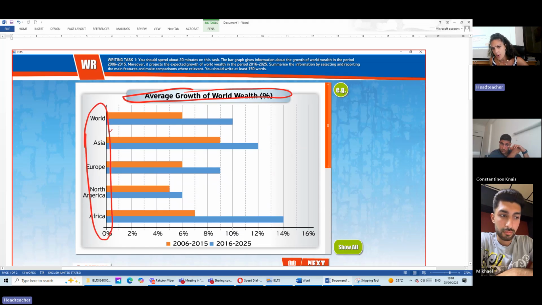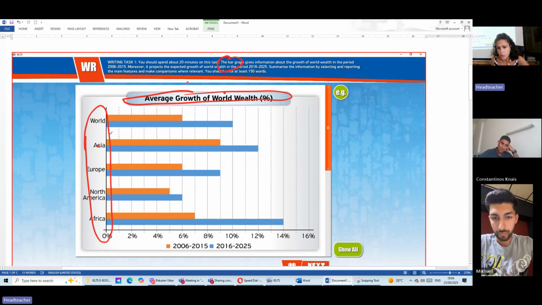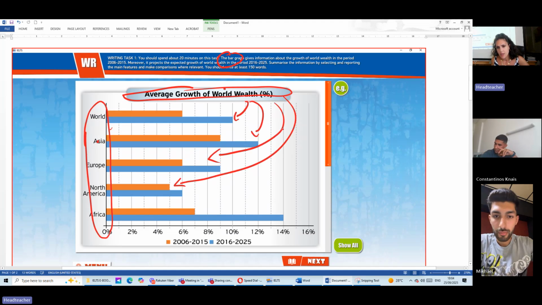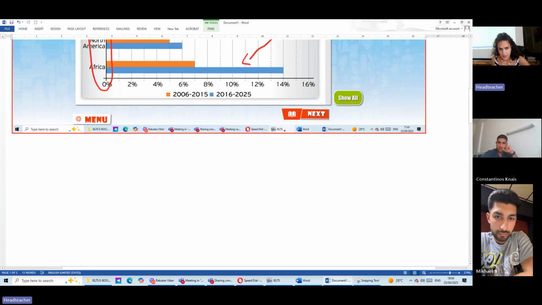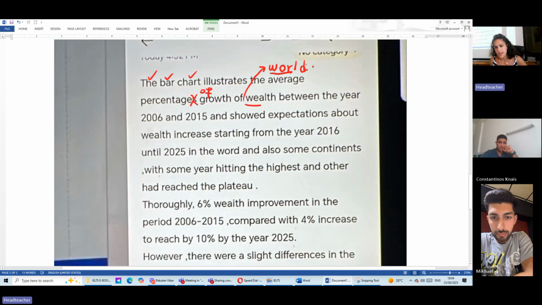If you take this, paraphrase it, and combine it with this and this, you've got the perfect introduction. So here we've got the average growth of world wealth, compared to, more specifically, each continent, separately. So let's go back to our example. The bar chart illustrates the average percentage.